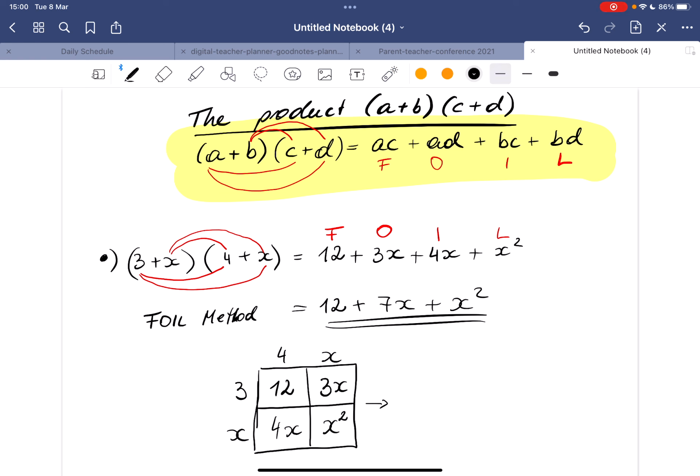From this, you can also write down your answer, which is 12 + 3x + 4x + x squared. And all you need to do now is simplify to get 12 + 3x + 4x is 7x, + x squared. And I think with this knowledge, you should be good to go and be able to work on all the work that I've set you on Delta Math for these three.